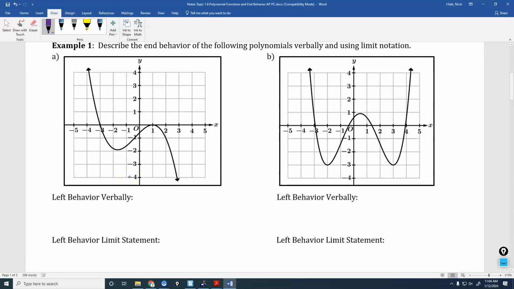If we want to describe this left behavior verbally here, this is the only time you do not go from left to right. When we're doing any domain, we go from left to right. But if we are doing end behavior, we want to talk about what happens as we go from the middle to the left side. All right.